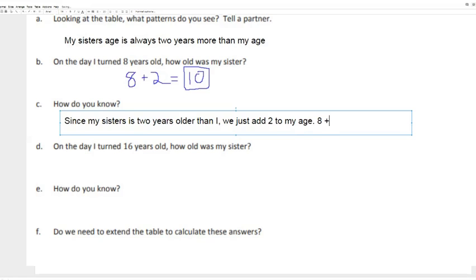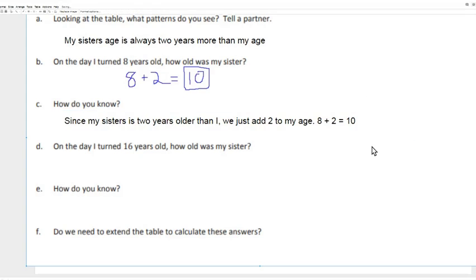So of course we get 8 plus 2 equals 10. That's how we know my sister's age is always 2 years older, so we just add 2. It says, on the day I turned 16, how old will my sister be?